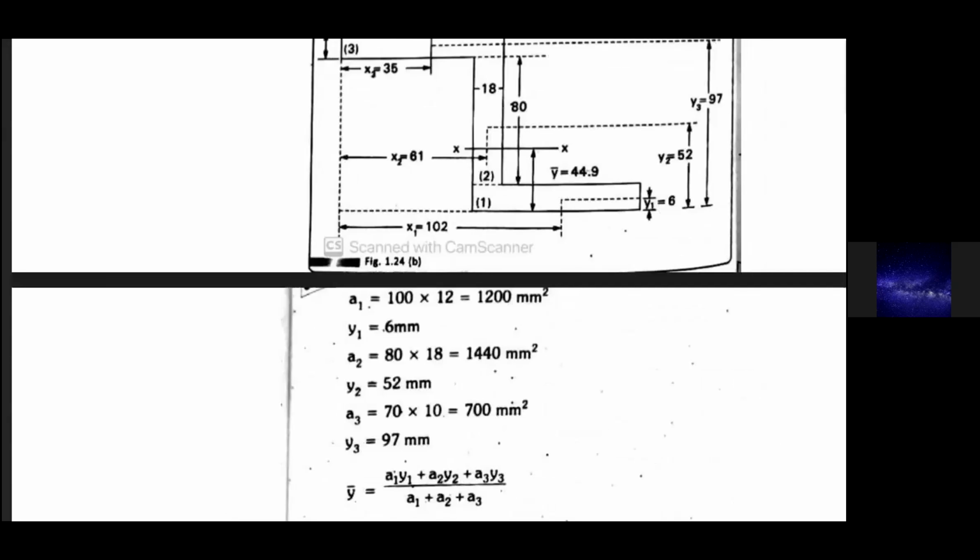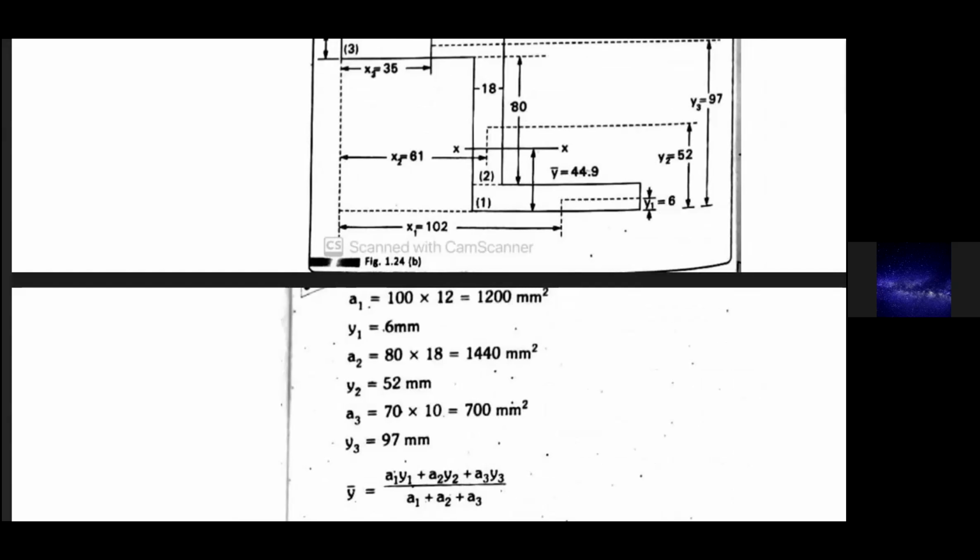So for the first rectangle, A1 is equal to 100 cross 12, that is 1200. The second rectangle area A2 is equal to 80 cross 18, that is 1440 mm square. And the third rectangle area A3 is equal to 70 cross 10, that is 700 mm square.